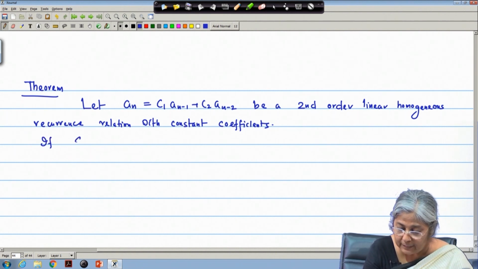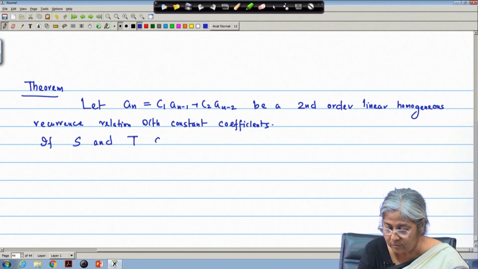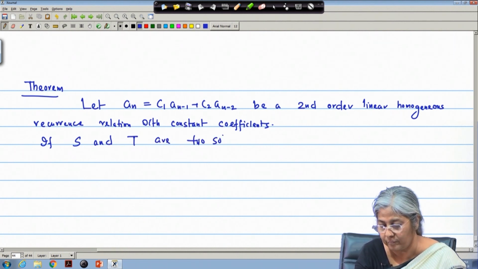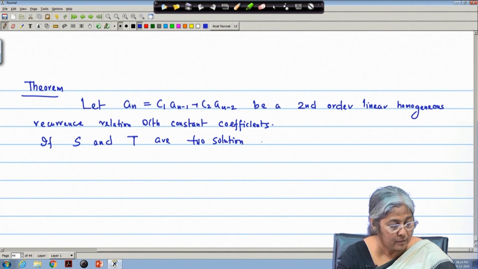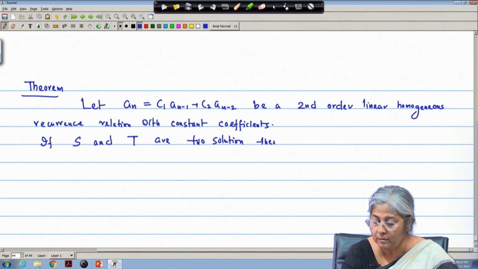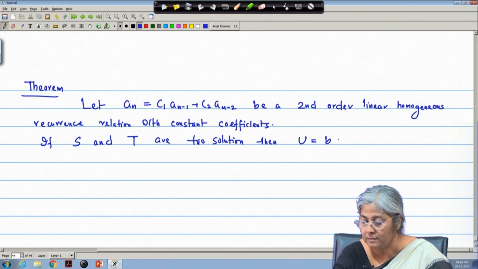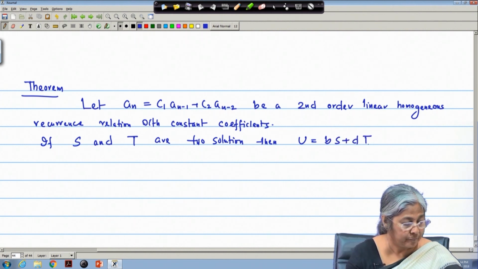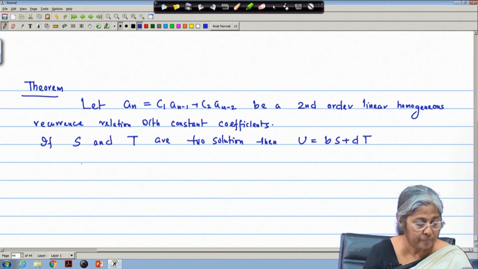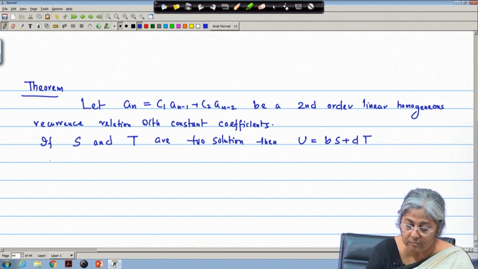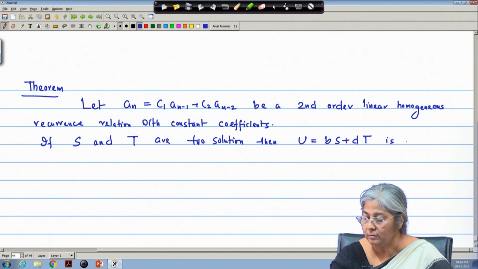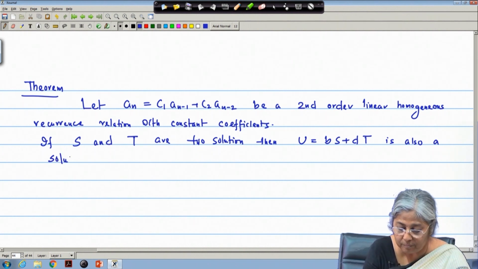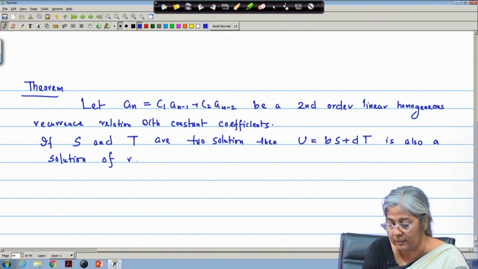Now, if S and T are two solutions, then U equal to Bs plus dt, where B and D are constant coefficients, is also a solution of the recurrence relation.